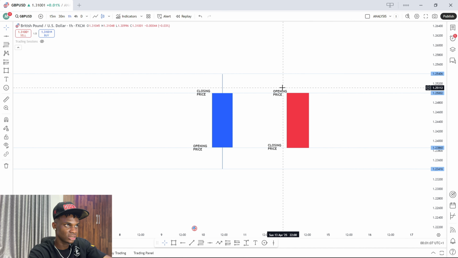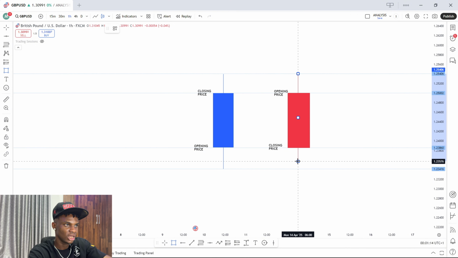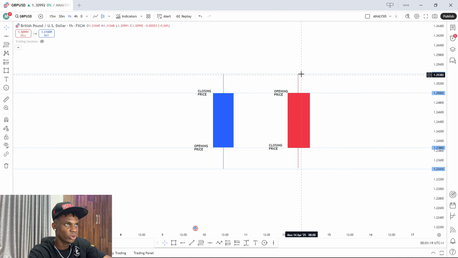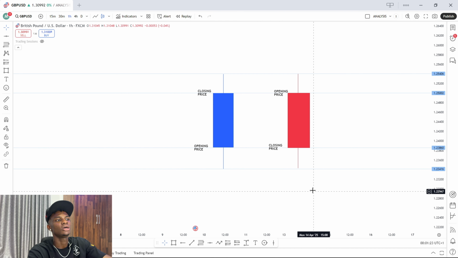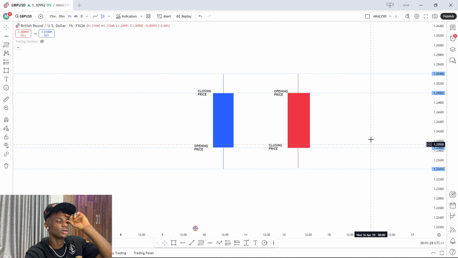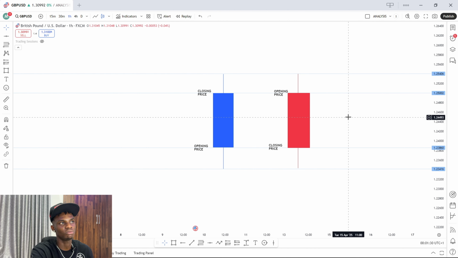This is the closing price and this is the opening price, but that journey it took up and down is going to be indicated by a wick. The wick showed us that it went to this price and came back to this price too and closed on this closing price.